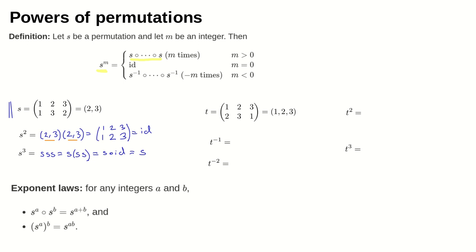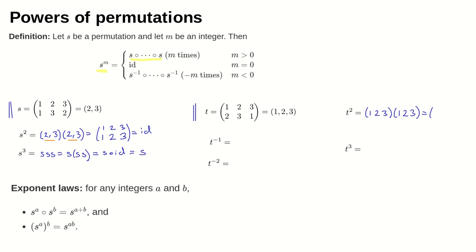Let's look at a slightly more interesting example now, which is this permutation t, which in two-row form has bottom row 2, 3, 1, and which as a cycle is the 3-cycle (1 2 3). If we work out t squared, this is (1 2 3) composed with (1 2 3). Let's try to write this as a cycle straight away. What happens to 1?